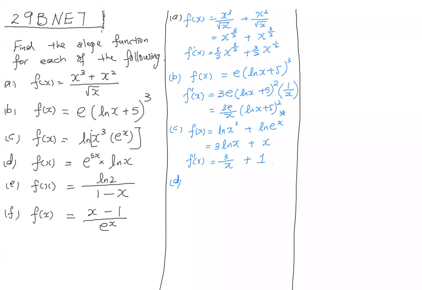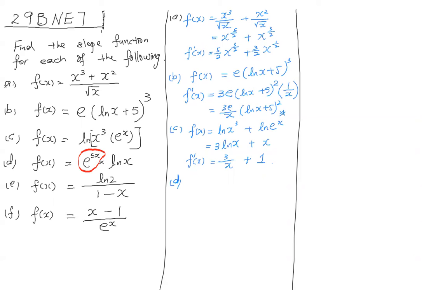May I ask? For D, why you use chain rule? You see D, is this a number? Yes. E to the power of 5x, it's not a number, it's a function.